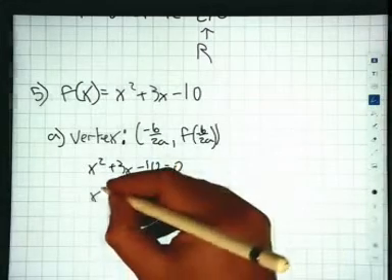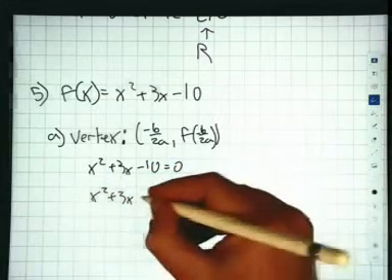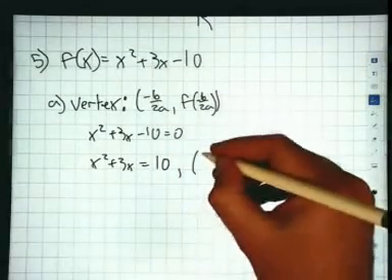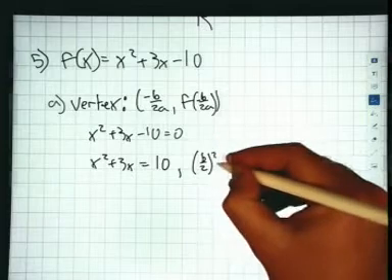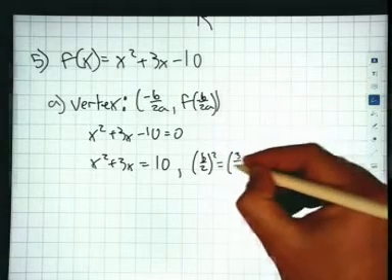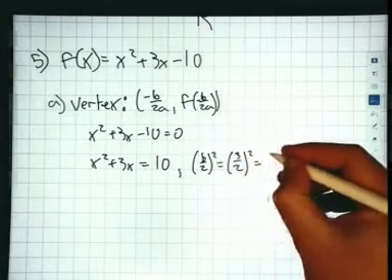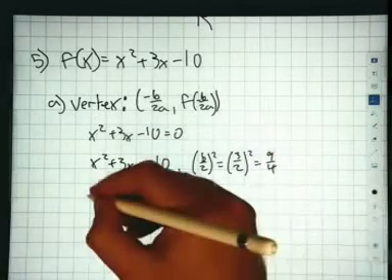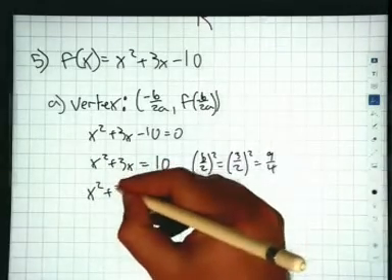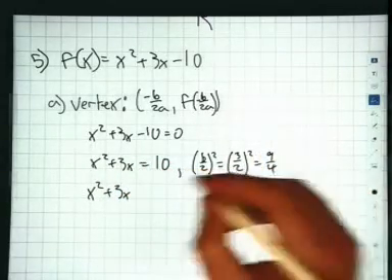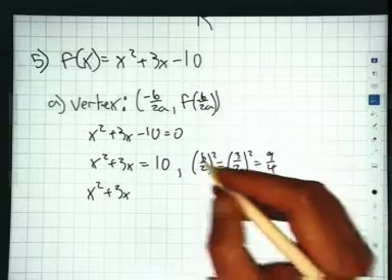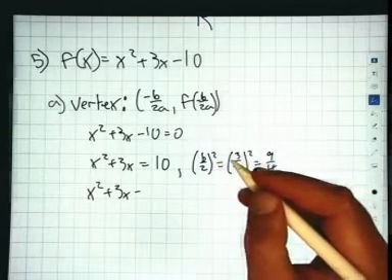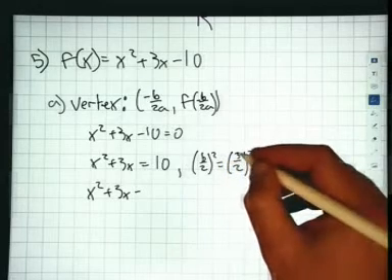So we'll set it equal to 0. We will get that 10 to the other side. I'll think about what is b over 2 squared. That's going to be 9/4. Is that right? b over 2, yep.